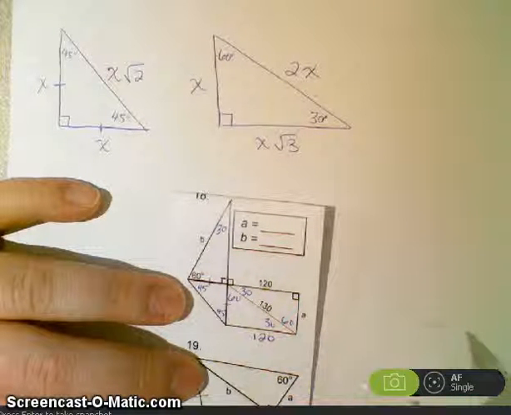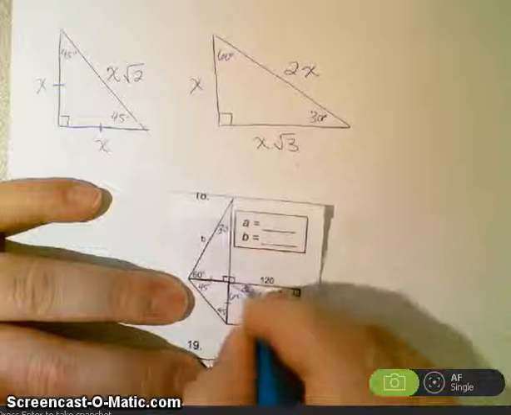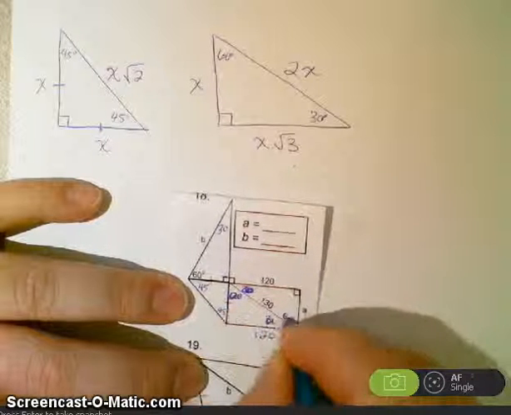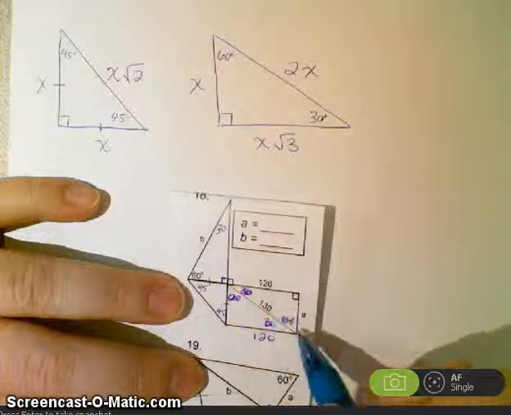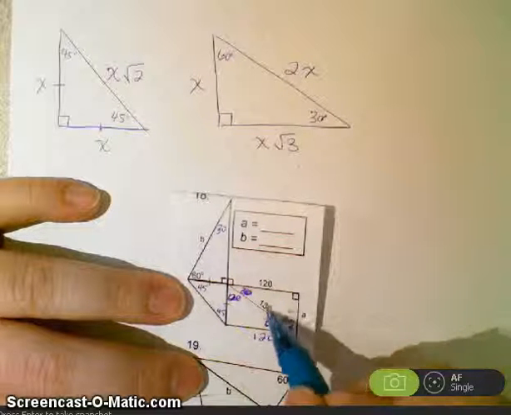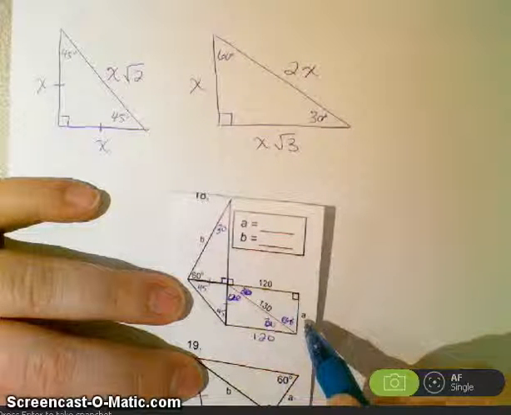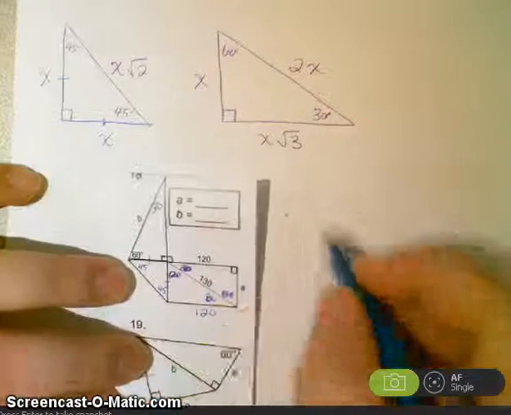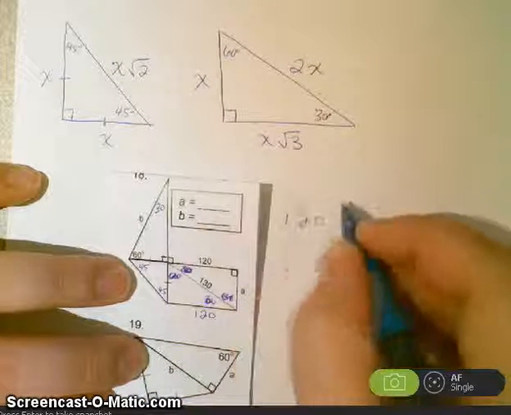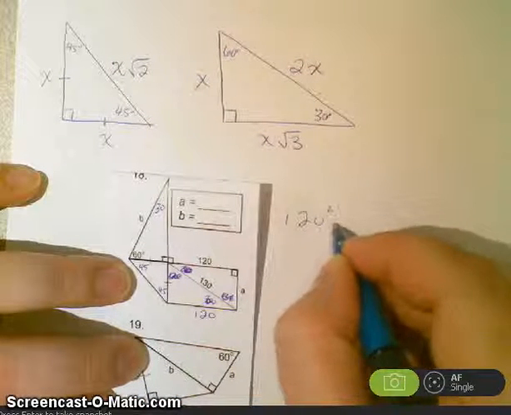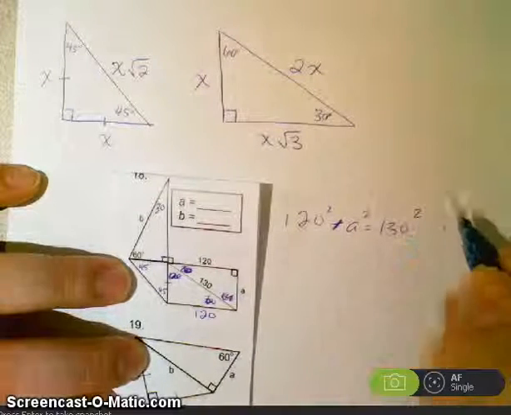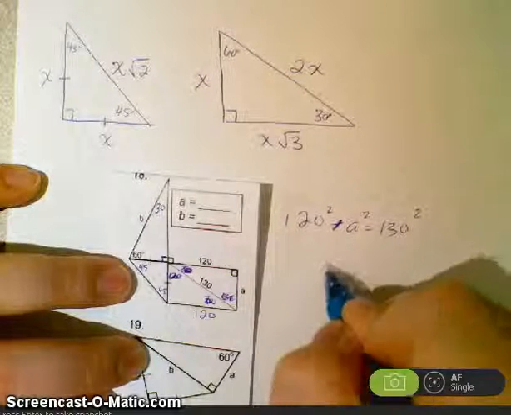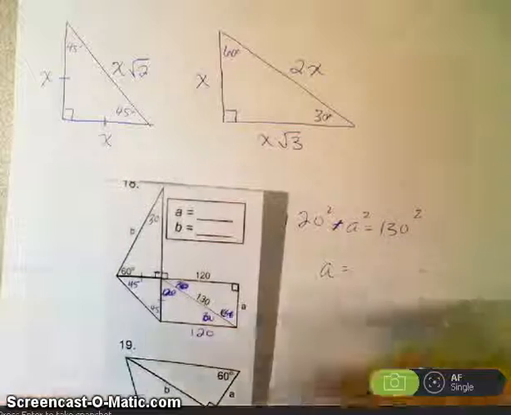Alright, so now that we have all of our angles measured, we can kind of see the side lengths that we were given. Oops, sorry, mistake. One thing you can always come back to in right triangles is the Pythagorean theorem. So here we have two given sides. We need to find the third side. So 120 squared plus a squared equals 130 squared. Do your math down to get a.